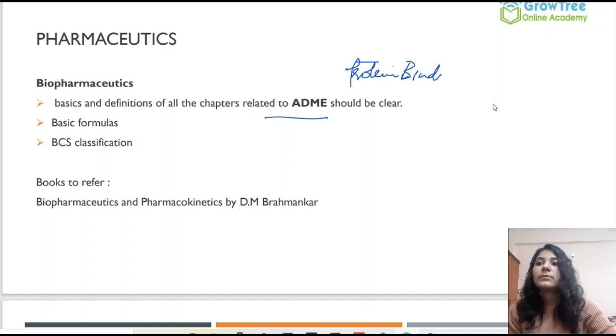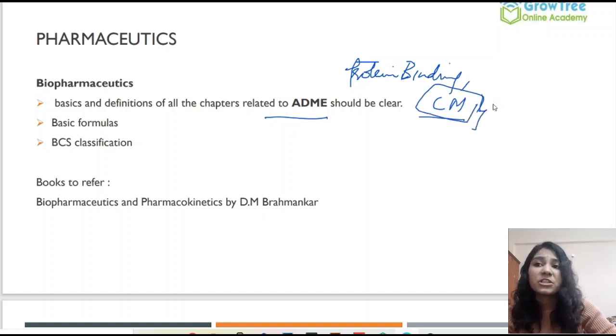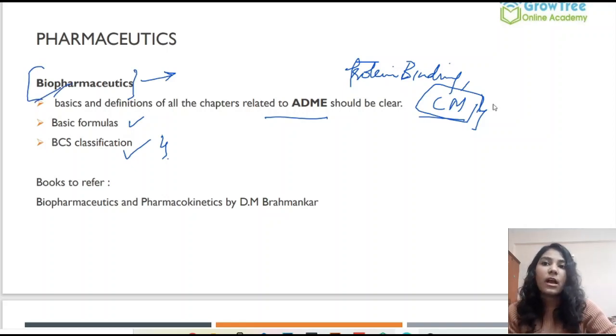You should be clear with the basic formulas, like in the 2K19 paper you will see a question related to the formula of clearance. And then there is the BCS classification. You can also go through it once. This is quite easy. The book to refer for biopharmaceutics is DM Brahmankar, and this is again a very simple book with very simple language.